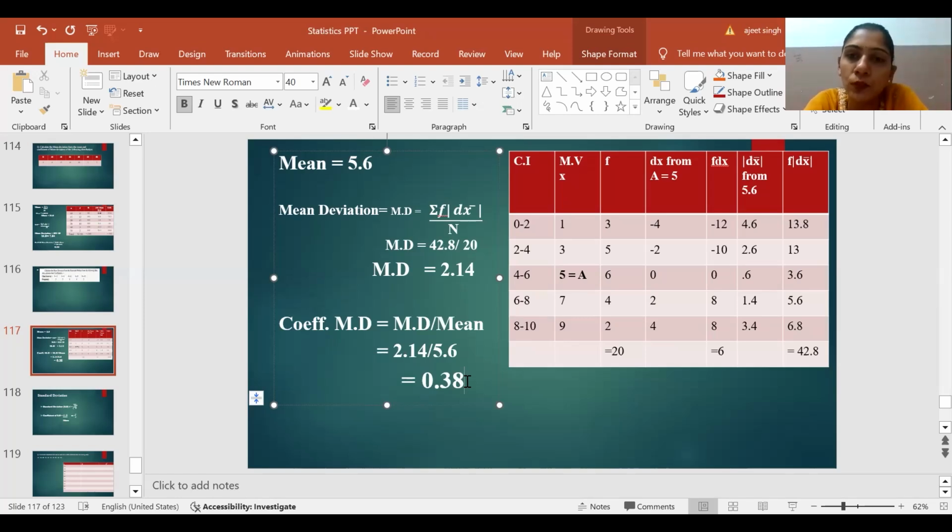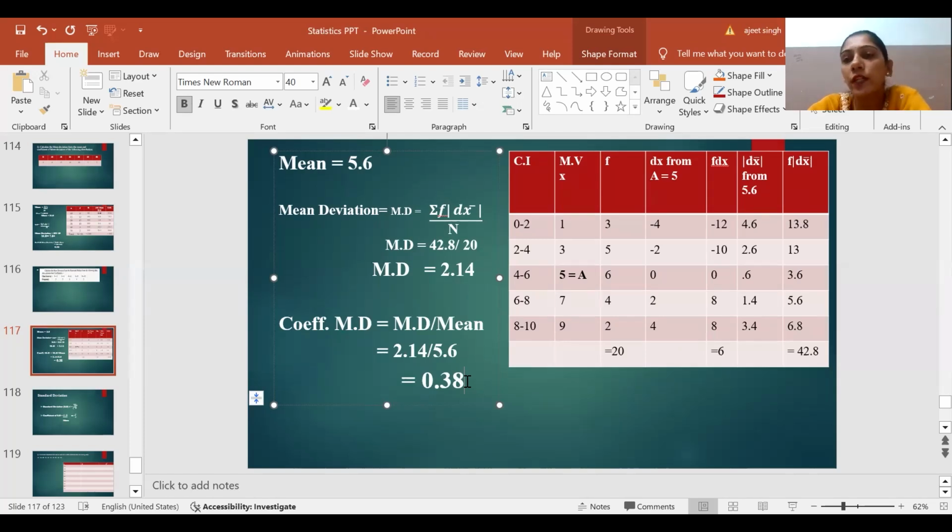With the help of assumed mean we calculate dx, considering the sign of plus and minus, and then we calculate f dx.